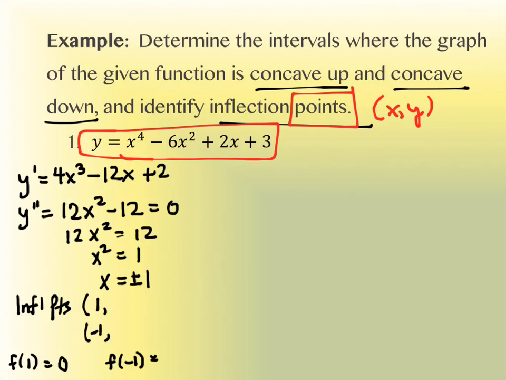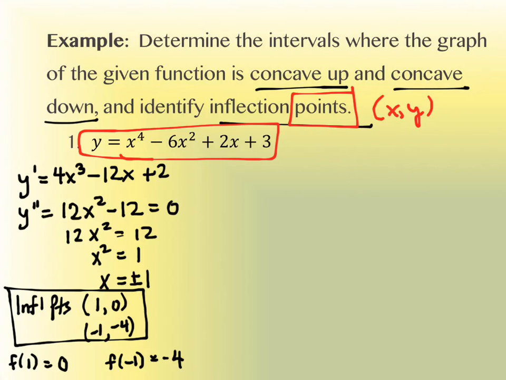What is it, Micaiah? Close. I think you should get a negative 4. Is that right? Okay. All right, so our inflection points are 1, 0, and negative 1, negative 4. Excellent. Okay, so I mean, like, that's half of the question.